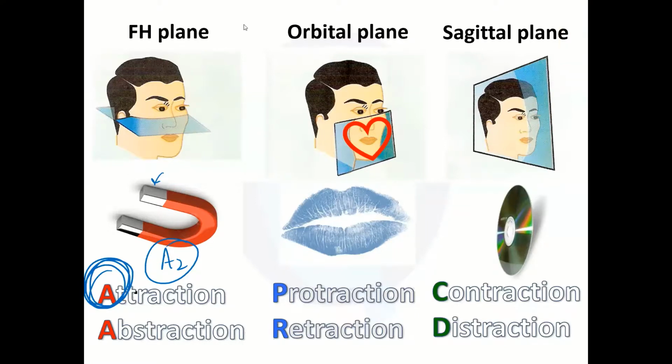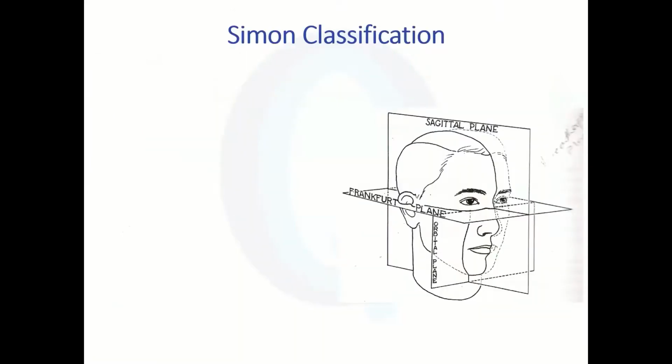Now it is very important for you to relate it to the real situations. So what will happen if there is attraction? If there is attraction, there will be deep bite. So if you are considering the FH plane, attraction is deep bite.